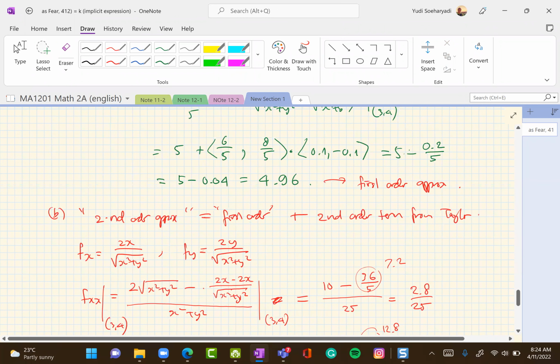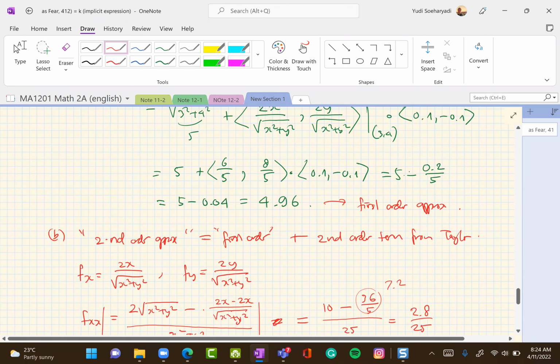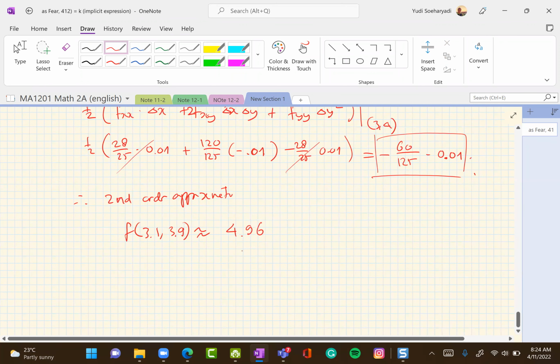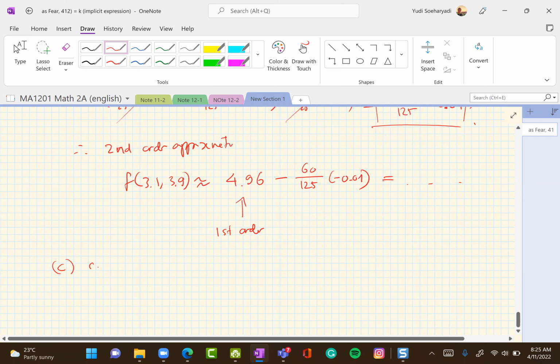What is first order approximation? 4.96 minus this there. Well, you can compute this number with a calculator and make a comparison also. You use a calculator.